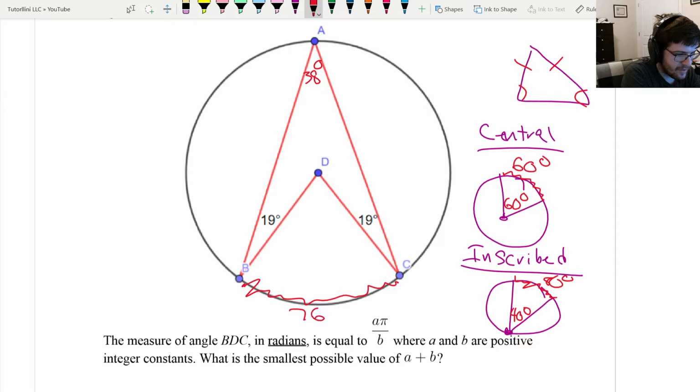And the one we care about is a central angle. The central angle is equal in measure to the arc that it carves out, so this central angle must be 76 degrees. That's how you go through these problems. I'm going to put a big box around that because we're going to need it.